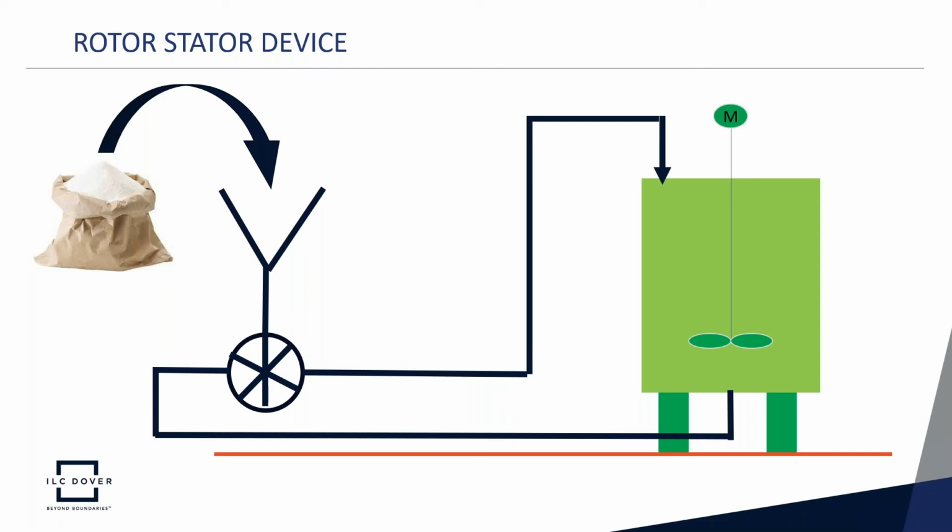This device does not allow easy introduction of liquid, a regular requirement for buffers, and it does generate a high volume of air intake, creating foaming issues and pH instability.